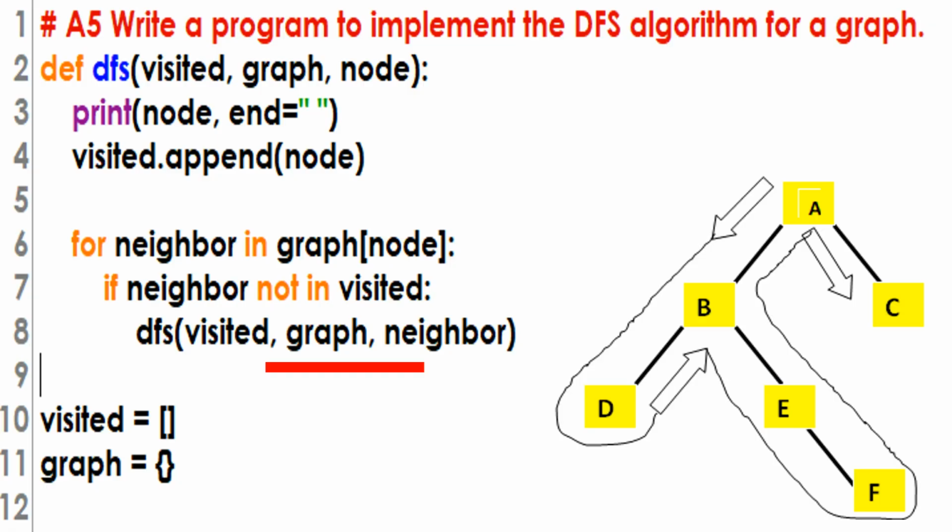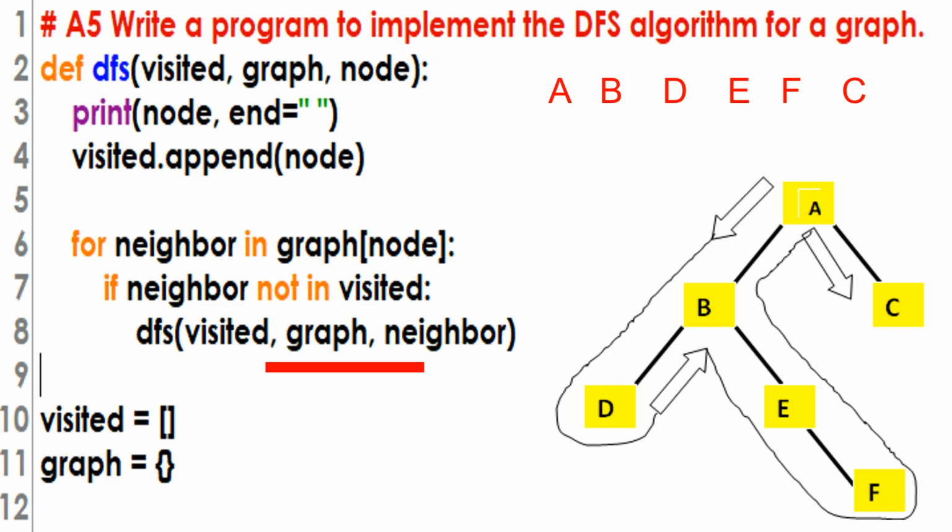Now DFS returns to A and checks the next neighbor C. Now our output is A, B, D, E, F, C. C has the neighbor F, but F is already visited, so DFS skips it.